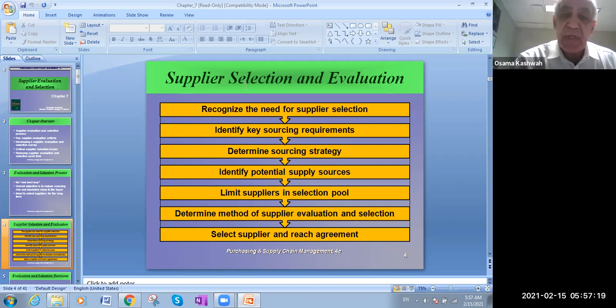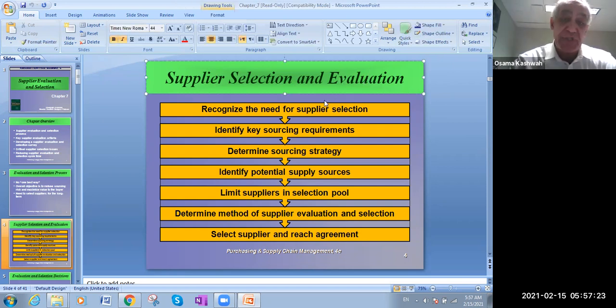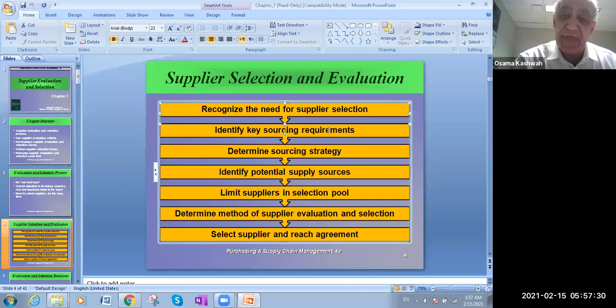So for supplier selection and evaluation, the process itself depends on the following points. Recognize the need for supplier selection. Identify key sourcing requirements. Determine sourcing strategy. Identify potential supply sources. Limit the supplier selection pool, because I don't want hundreds of suppliers.